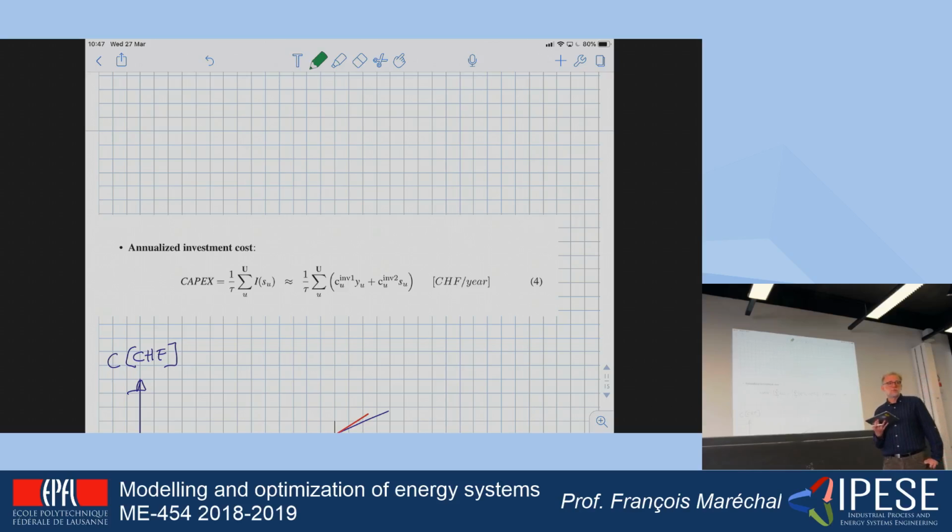formulas that were allowing me to calculate what will be the cost of a heat pump if I know the size of the power of the compressor. What is the cost of a heat exchanger if I know the size of the heat exchanger area? So it means that now for each of the units I'm able to calculate how much the unit will cost.